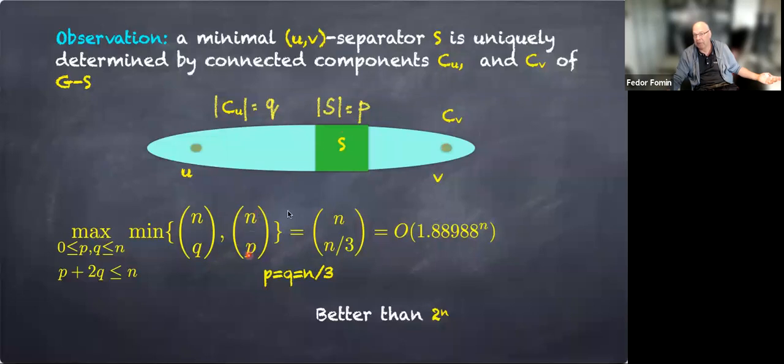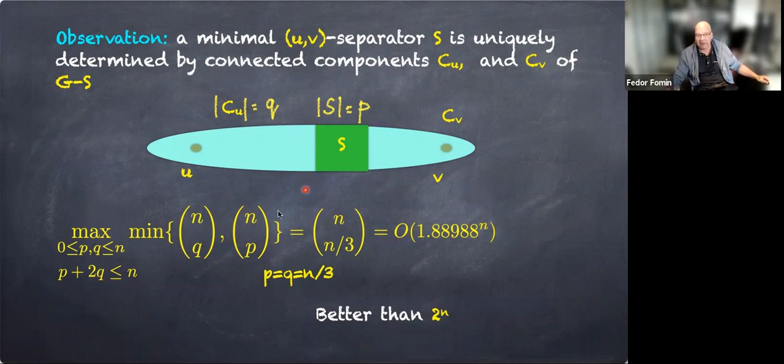N choose P. I can enumerate all sets of size P, but I also can enumerate all sets of size Q, because every full component fully characterizes the minimal separator. If you give me a set of vertices and say this is a component, then I just take the neighbors of this component, and this is the minimal separator.